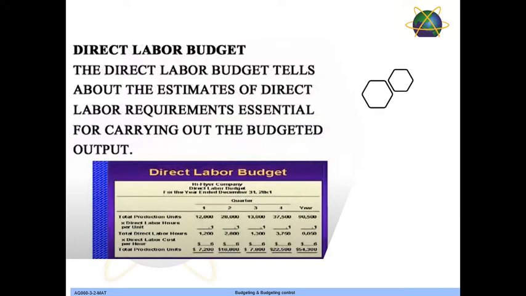In order to fulfill all these budgeted production units, you need direct labor, right? We need material, we need labor, and we need overhead cost. So we also have a direct labor cost, where we need to identify the total direct labor to be spent in order to achieve the production units that we already targeted.